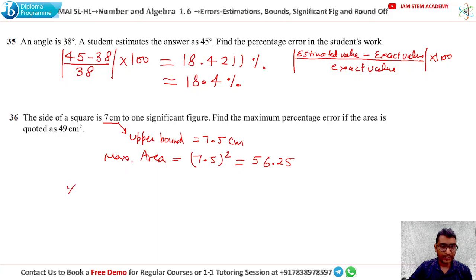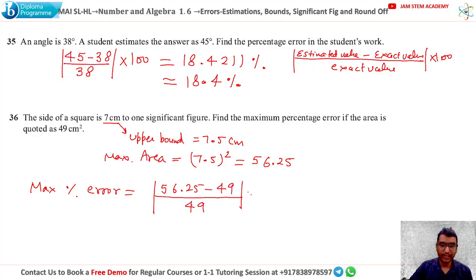So the maximum percentage error will be 56.25 minus 49, divided by the exact value 49, multiplied by 100. Let's calculate this value. 56.25 minus 49 comes out as 7.25, divided by 49, multiplied by 100.